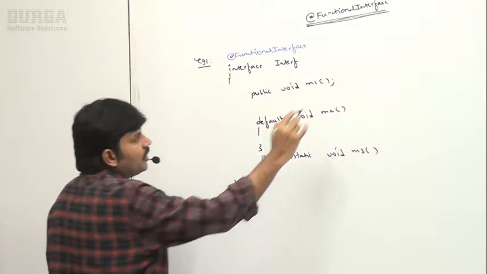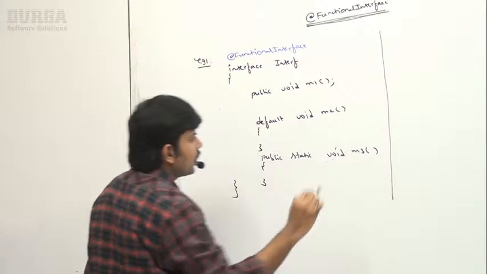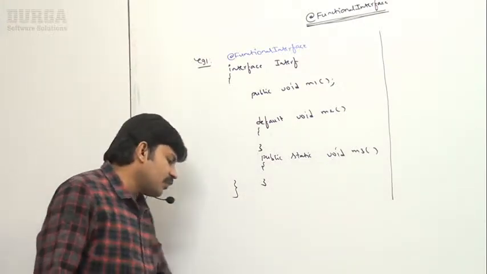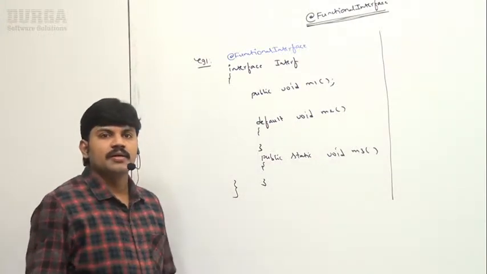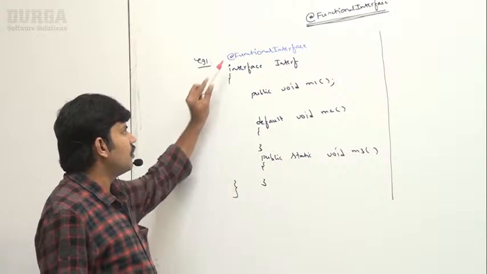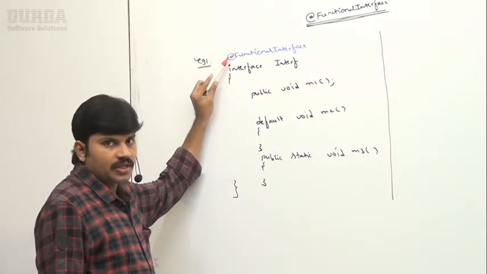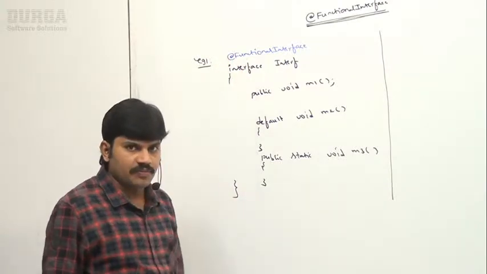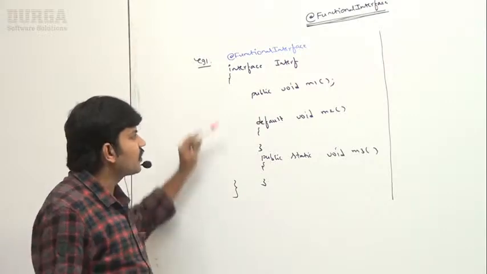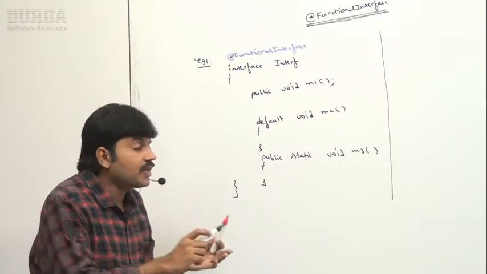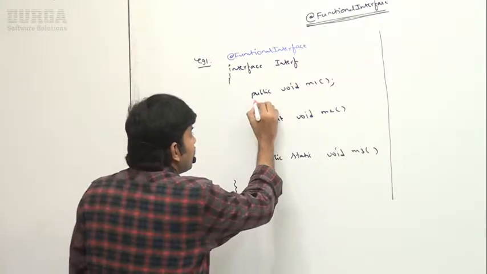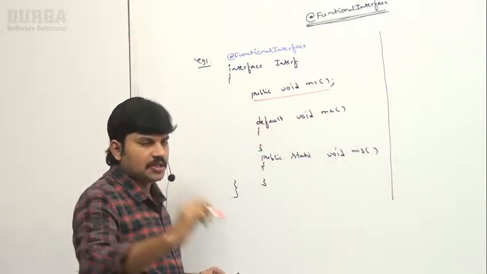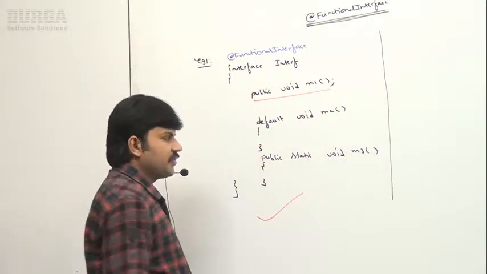Sir, now I will ask the compiler, can you please compile this code? Immediately the compiler is going to check, oh, it is the functional interface. Sir, he used the FunctionalInterface annotation explicitly. Compulsorily I have to evaluate; the compiler will check how many abstract methods are there. Only one abstract method. That's why it is perfectly valid.